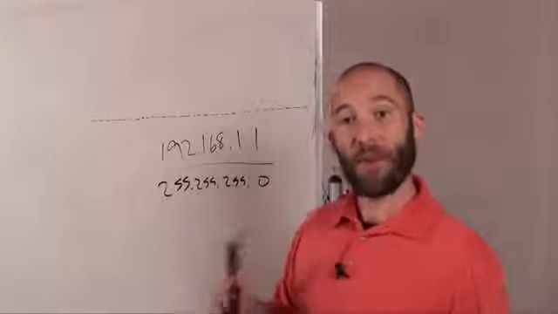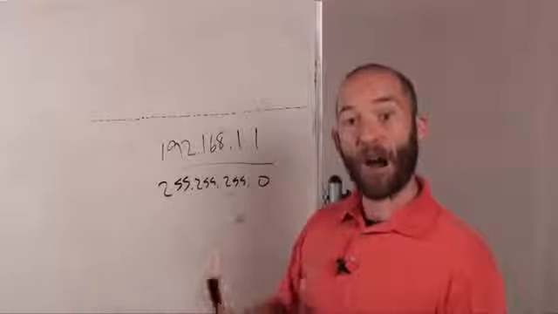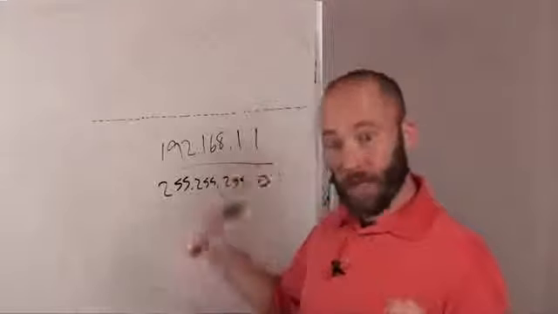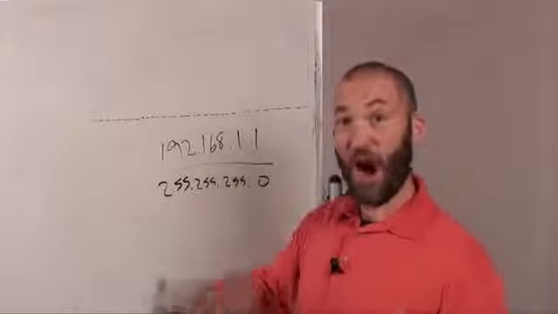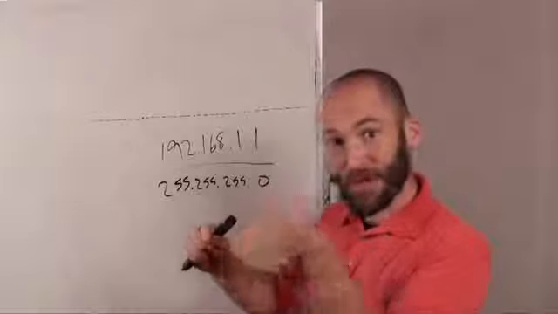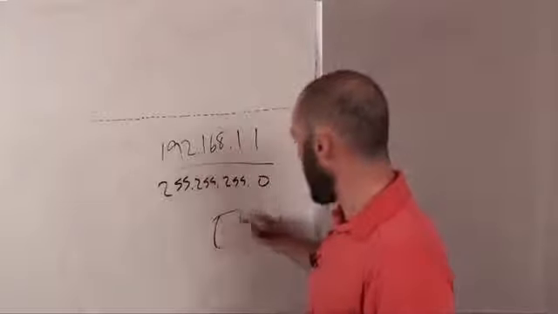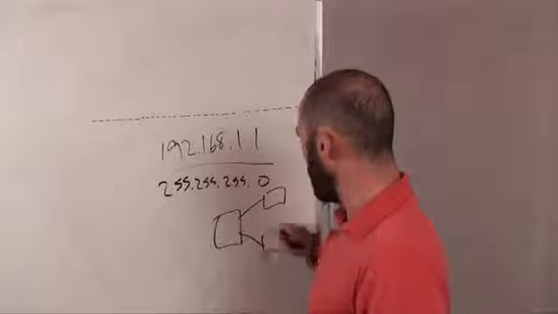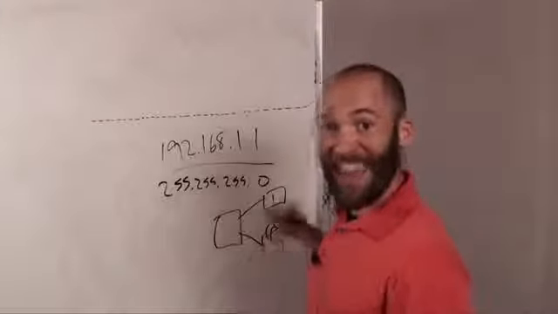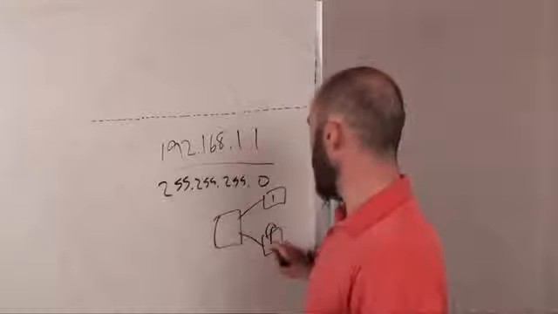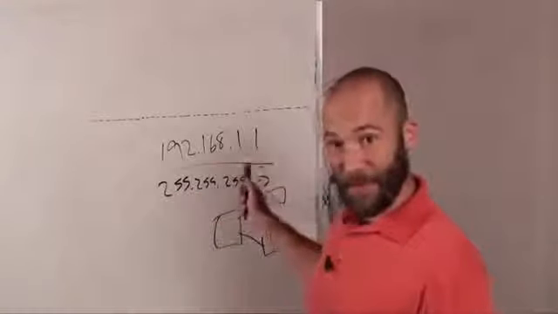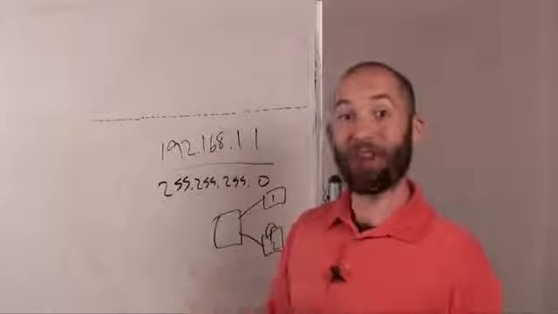Now, this is very, very important because devices on different networks cannot talk to each other. So if you have one computer plugged into a switch on network 1 and you have a printer plugged into the exact same switch, so they're physically on the switch, the computer on the first subnet cannot talk to the printer if it's on another subnet or network based upon the IP address, unless, of course, there is a router to connect them.